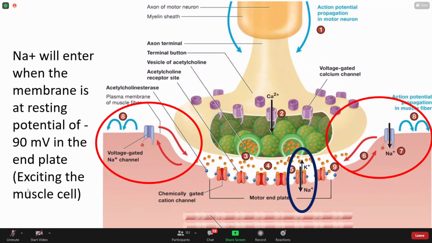Sodium. Sodium will be moving, isn't it? And so entry of sodium, creating an end plate current, which if it's good enough, will be stimulating or opening up the voltage gated sodium channels, okay? And this will lead into the depolarization of the muscle, making the muscle contract. Okay, is this clear? Good.